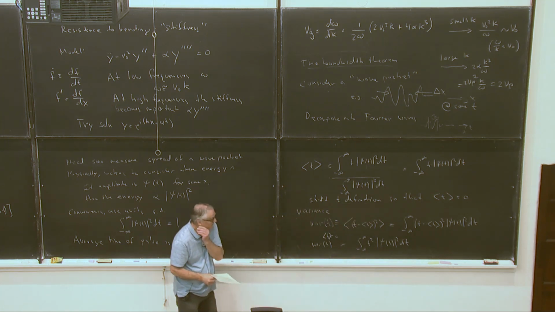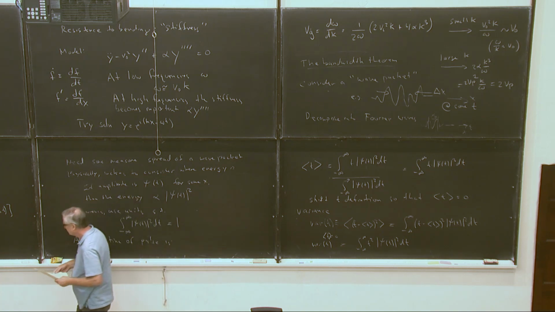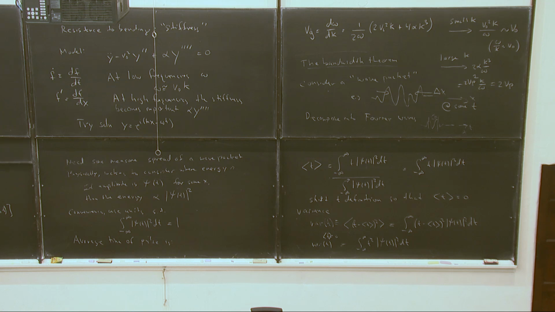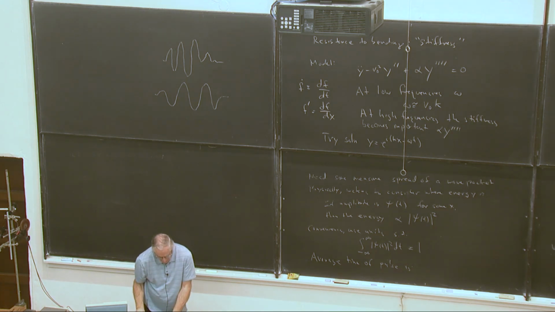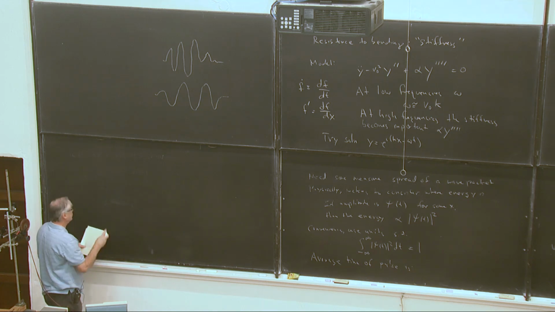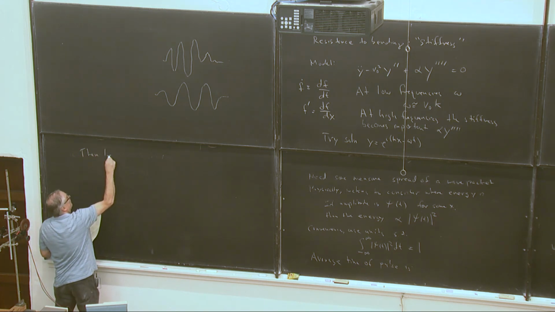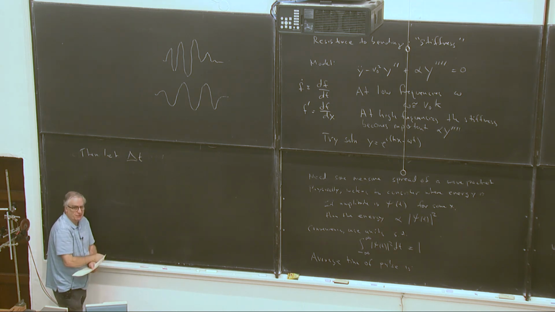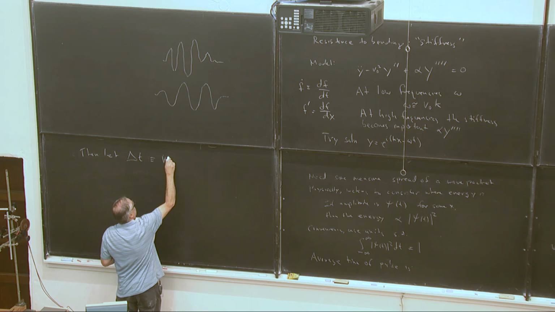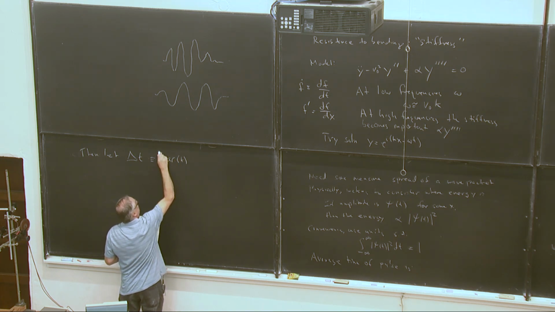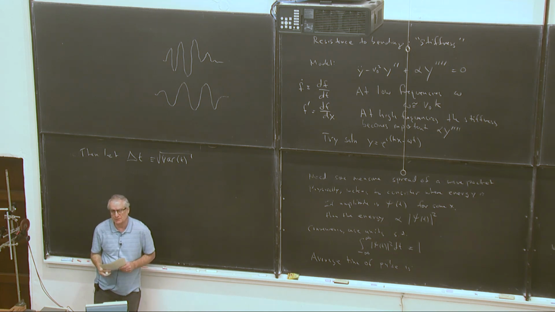So it's a lot simpler to write. Okay. And so the punchline is I'm going to let delta t, my measurement of the spread of the wave packet, be just the square root of the variance of t, the root of the mean squared deviation.